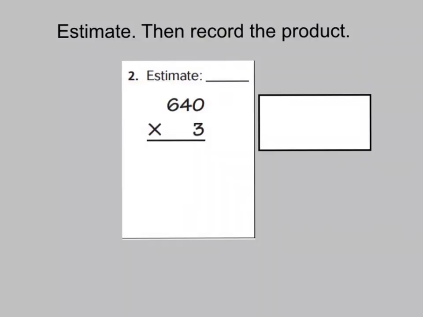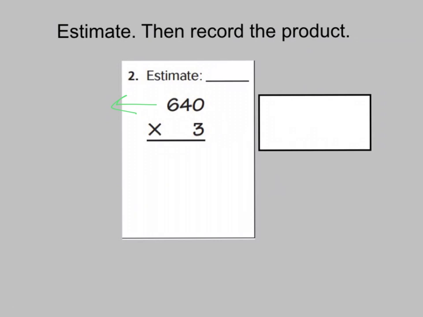All right, everybody, let's go ahead and take a look at our number 2. Number 2 asks us to estimate, then record the product. And I know in order to estimate 640 times 3, I need to round my larger factor, which is 640.